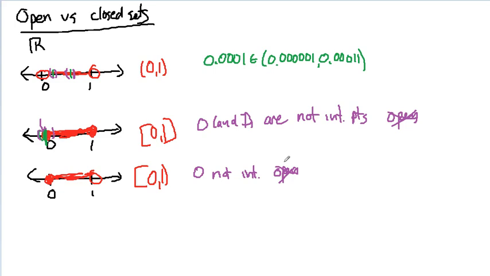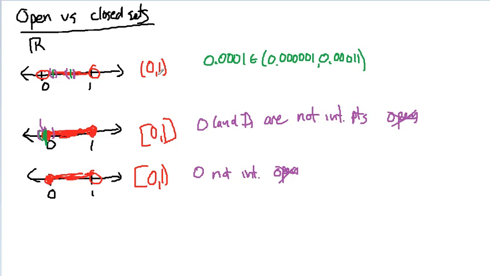So that's what we mean by an open set: it doesn't contain its boundaries. There's always a little room to your right or your left so that you'll still be in the set. There might not be much room, but there's enough room that you can always be in the set. Whereas at 0 here, if you go just a little bit to the left, you're out of the set. At 1, if you go a little bit to the right, you're out of the set. So closed means that you contain your boundary points. The boundary points for all these are pretty clearly 0 and 1.